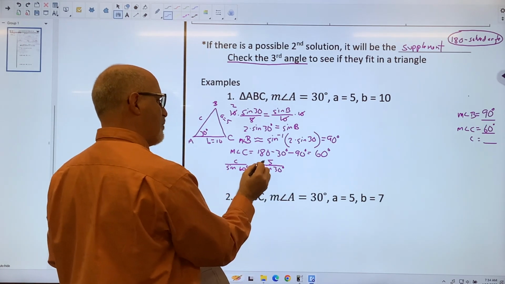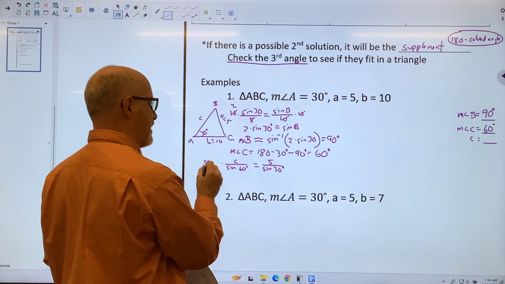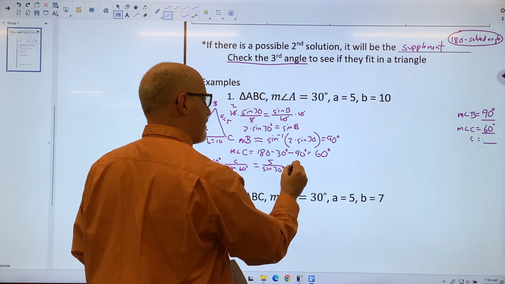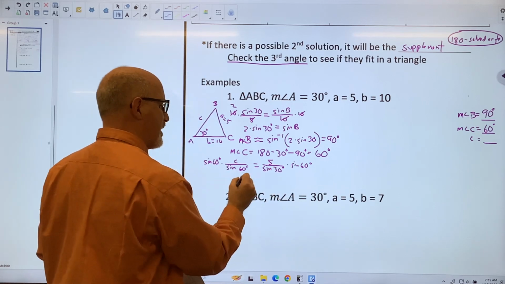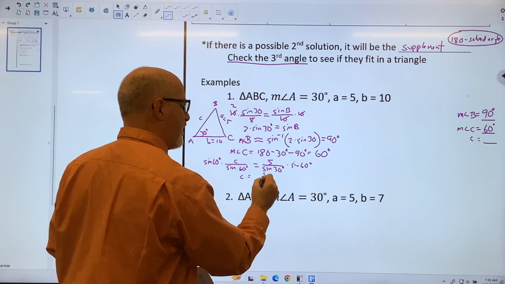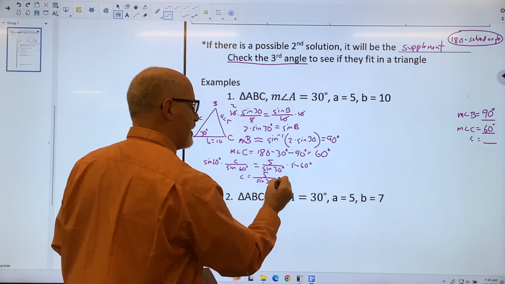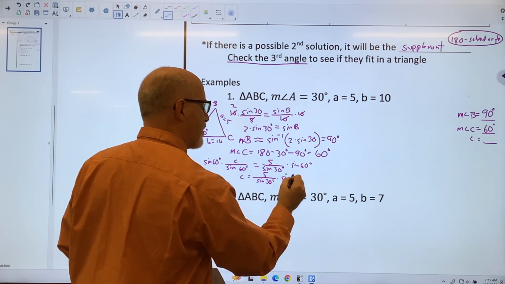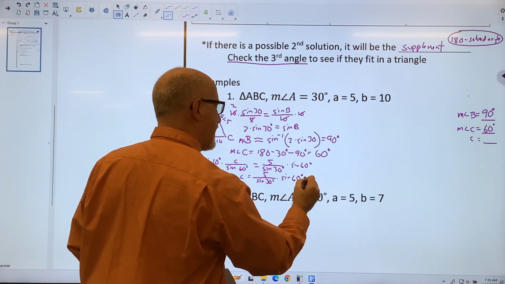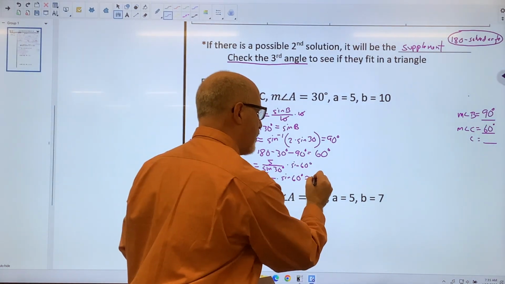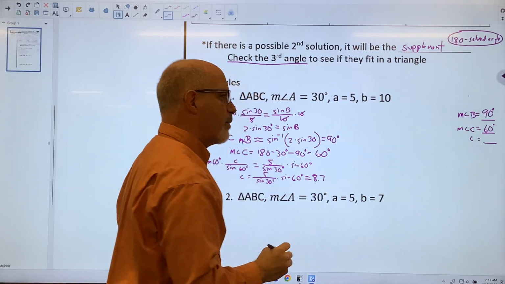Now I'm going to multiply both sides by sine of 60. And that's going to give me C equal to 5 over sine of 30 degrees times the sine of 60 degrees. If I do that on a calculator, I get approximately 8.7, which would be rounded.